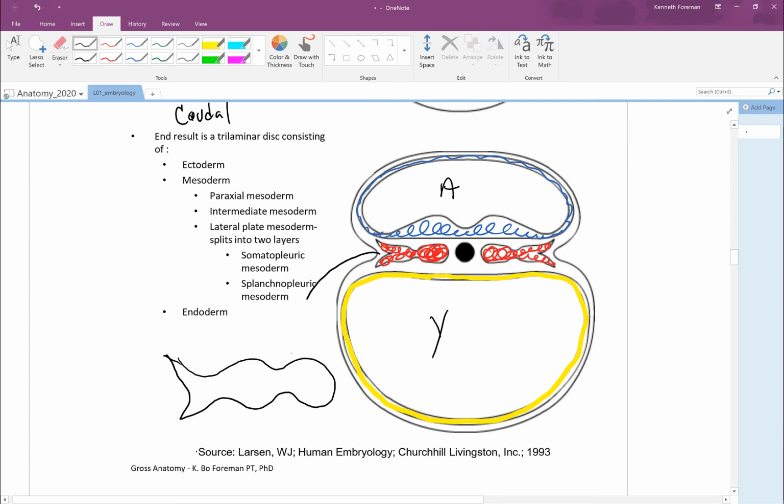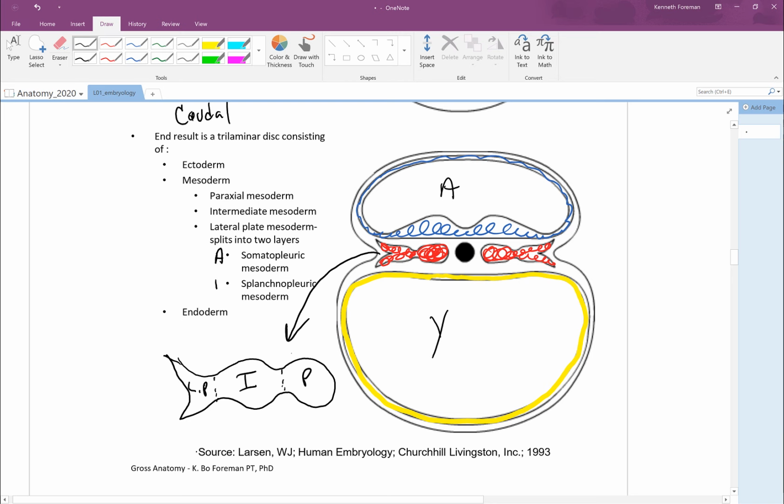So I've basically just drawn that and moved it to there. What we basically have here is three divisions. We have the paraxial mesoderm, the intermediate mesoderm, and the lateral plate mesoderm. And we'll talk more specifics about that later.